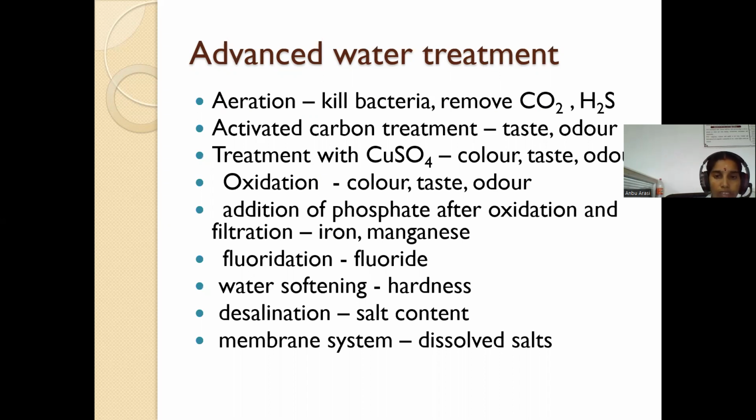Treatment with CuSO4 also removes some color, taste, and odor. The oxidation process is also used to remove color, taste, and odor. Addition of phosphate after oxidation and filtration is used to remove iron and manganese.